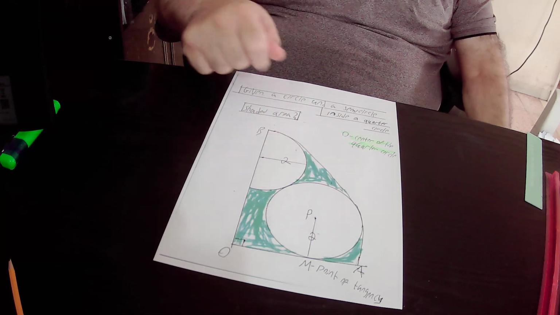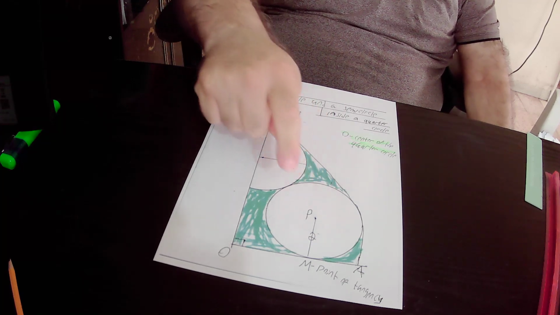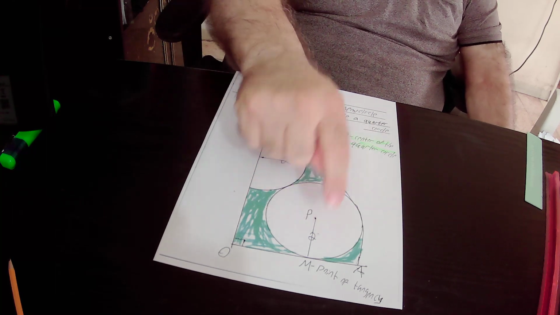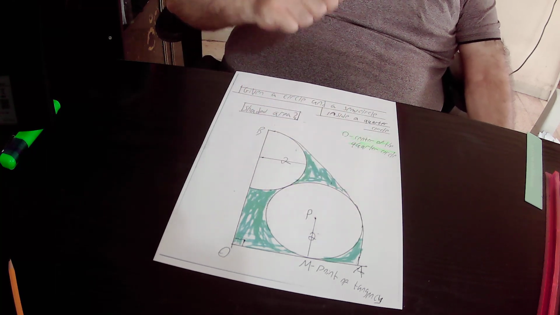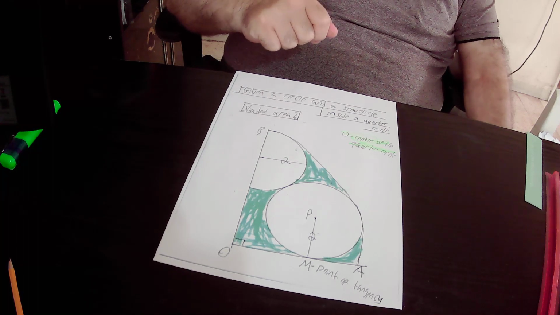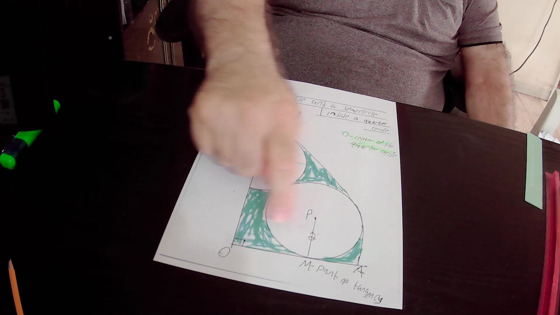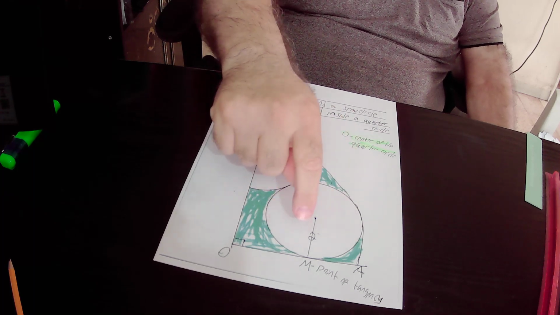That is to say, it is drawn to point M, that is the point of tangency of tangent OA with this circle. And whenever you have a radius that is drawn to the point of tangency, then tangent OA will be perpendicular to the radius PM.